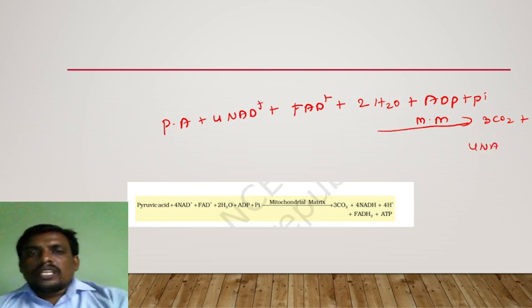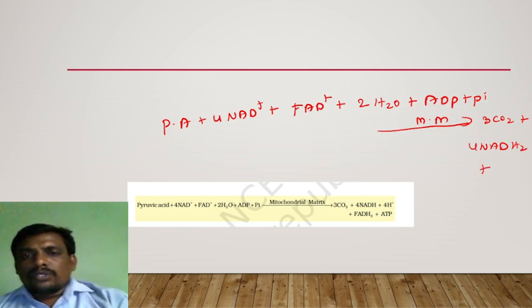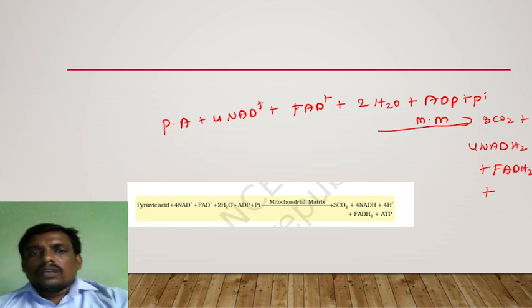Why? Because NAD plus will be reduced to NADH2. Plus only one FAD will be reduced to FADH2. That is mentioned there, and plus energy currency from ADP plus phosphate.